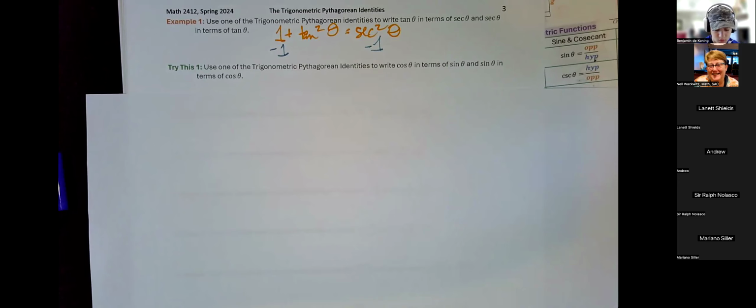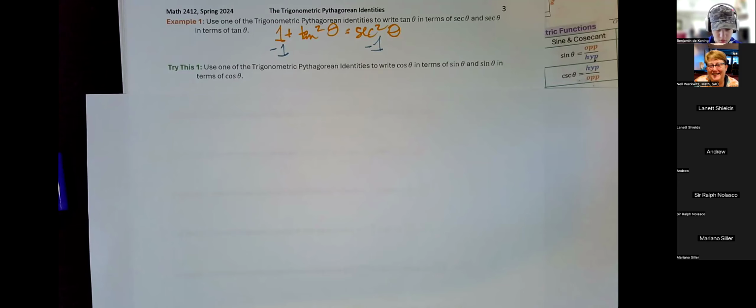Yeah, that's correct. Everything should have a square. If there's no square, that's probably wrong. So cosine squared plus sine squared equals 1.